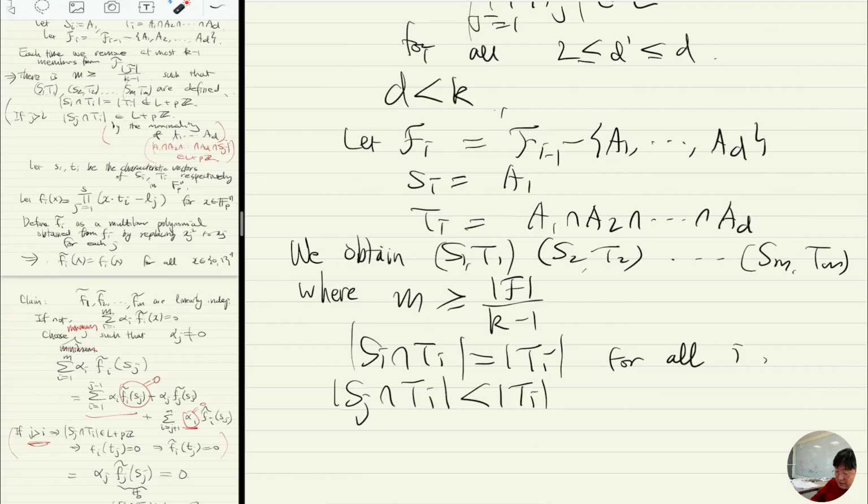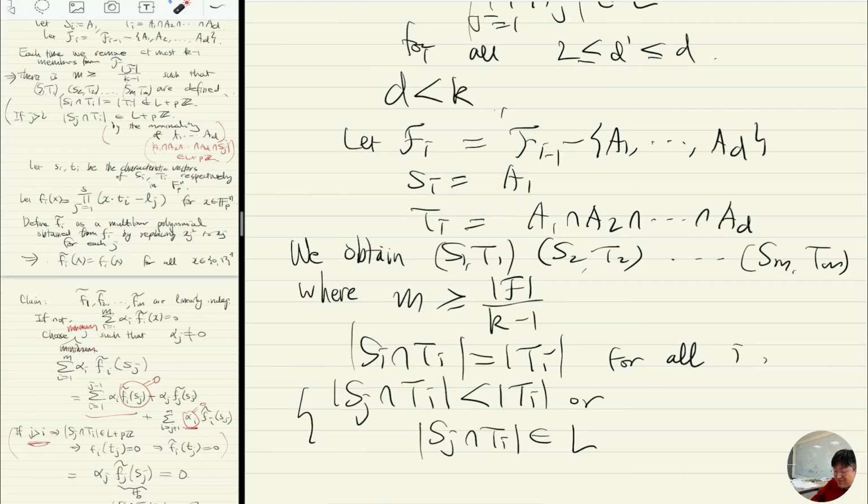And S_j intersection T_i is in L, right?